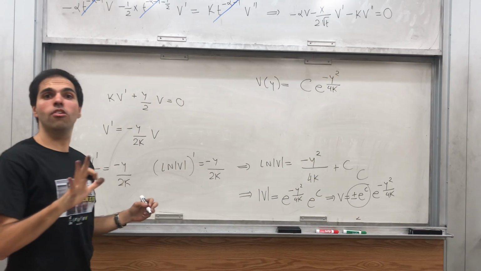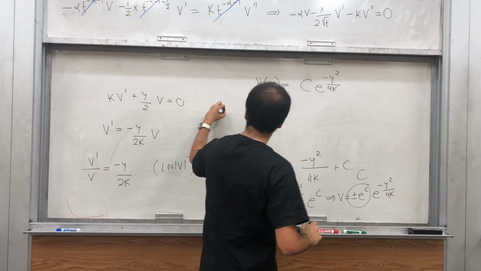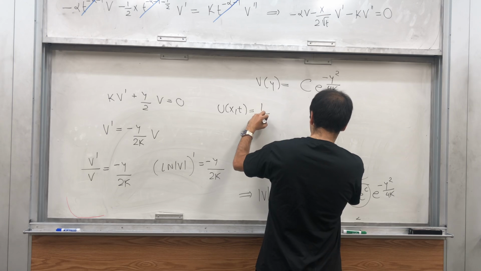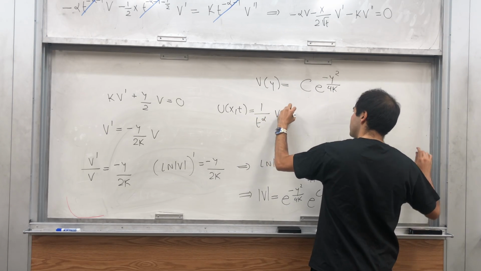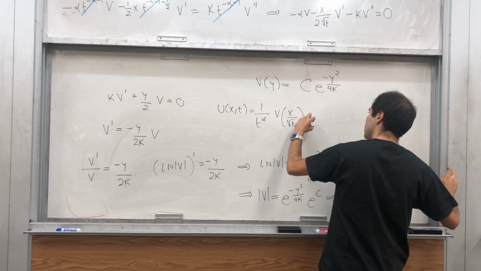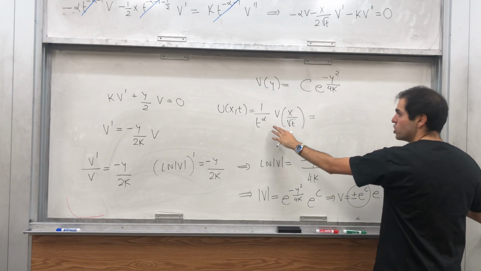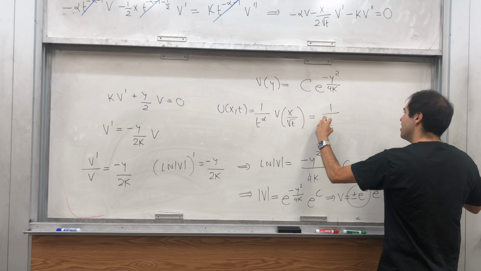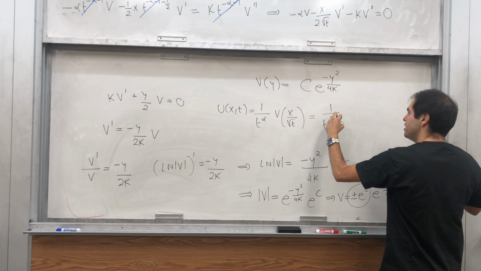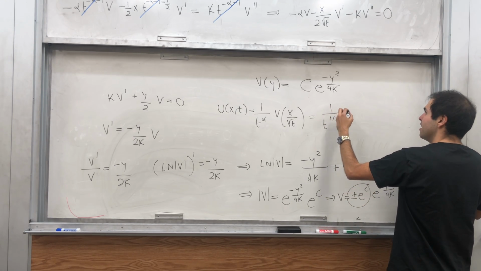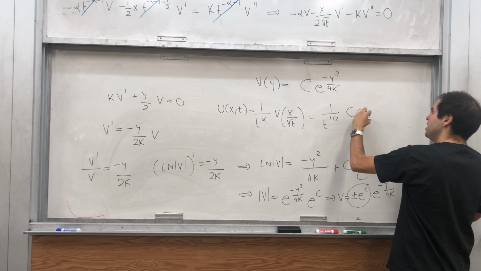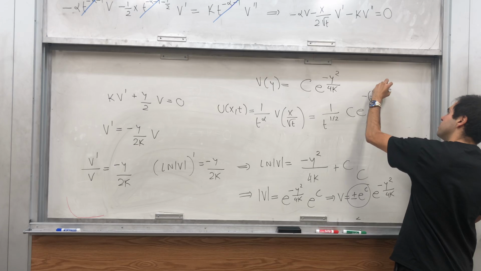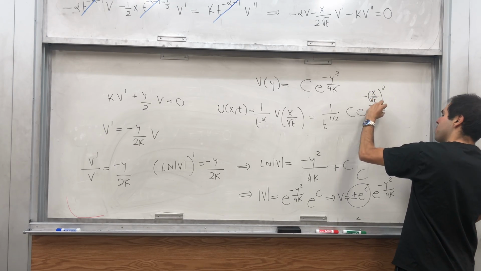And now we want to go back to u. Remember u was 1 over t to the alpha, v of x over square root of t. But now we chose alpha to be 1/2. Remember, freedom of choice. So 1 over t to the 1/2, and then c e to the minus x over square root of t, squared, over 4k.